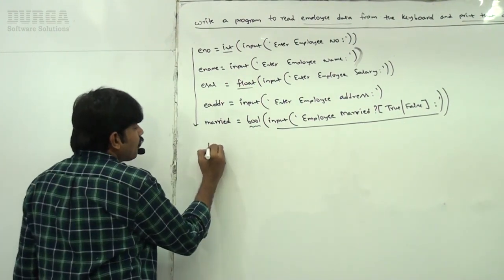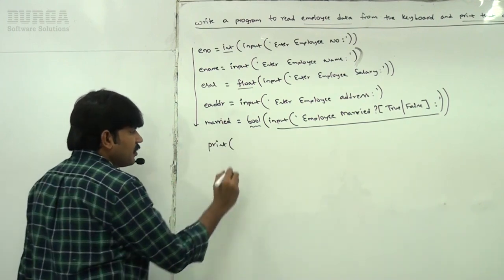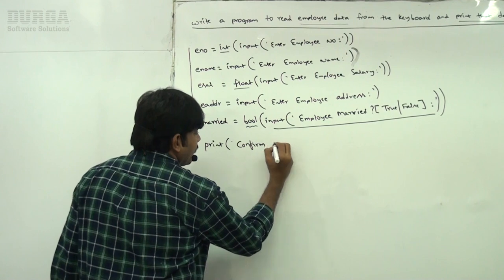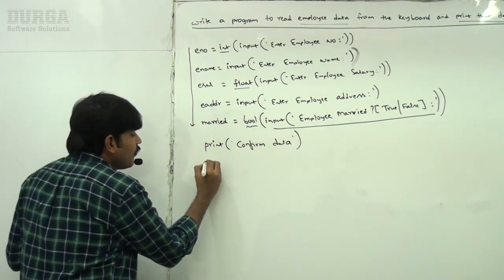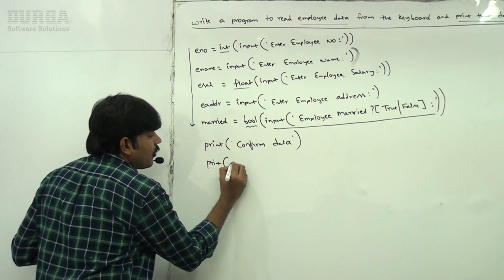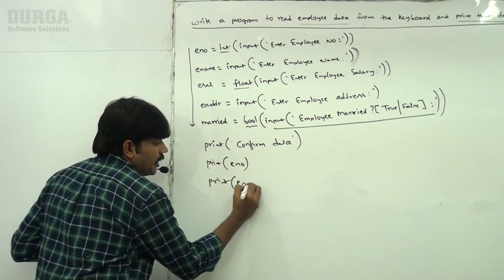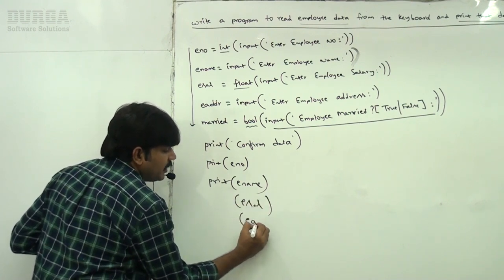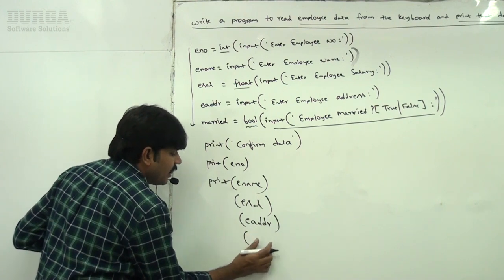Now let me print this information for confirmation sake. Print confirm your provided data, like sir, I want to print employee number, employee name, esal, next address, next married or not.